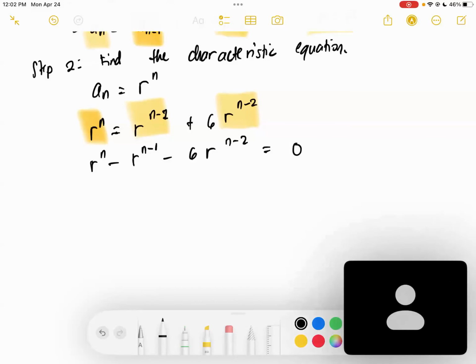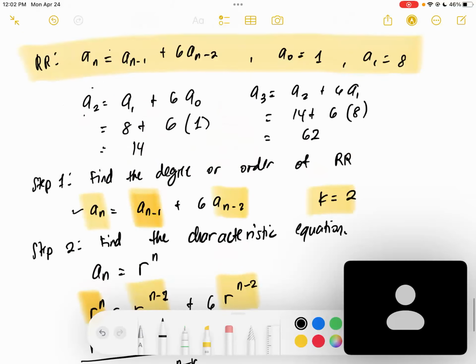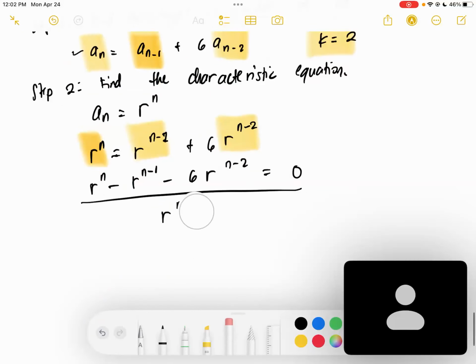Next, we are going to simplify this by dividing by r raised to n minus k, or n minus the degree k. And we know that the degree k is 2. So this would be r raised to n minus 2.